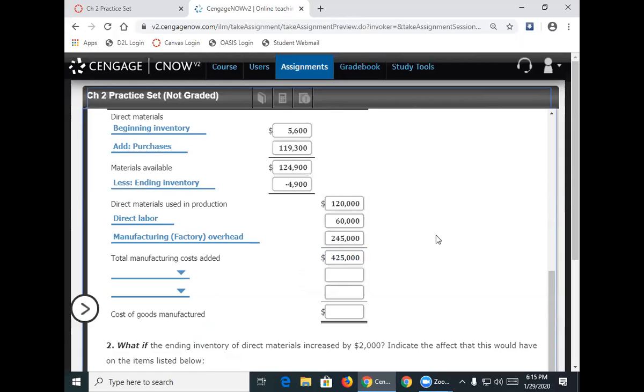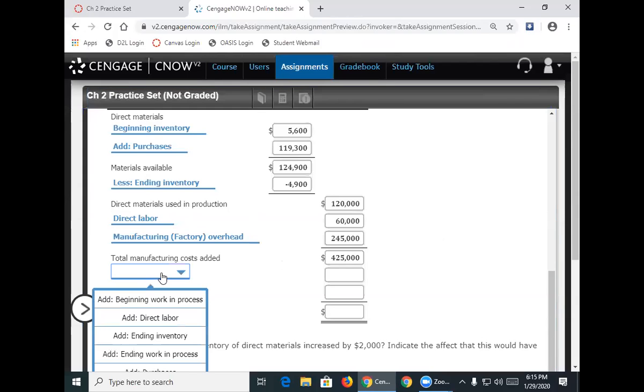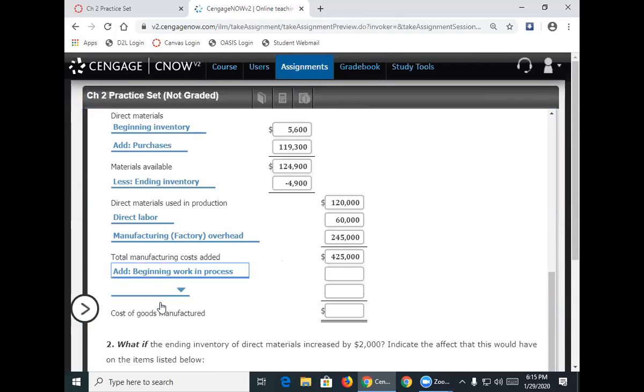Well, again, I'm really just balancing my work in process account. Same thing I did with materials. So I need to calculate my credit, so I need to add up all my debits. I would take that 425,000 plus the 12,500, 437,500. That's adding in beginning work in process of 12,500.